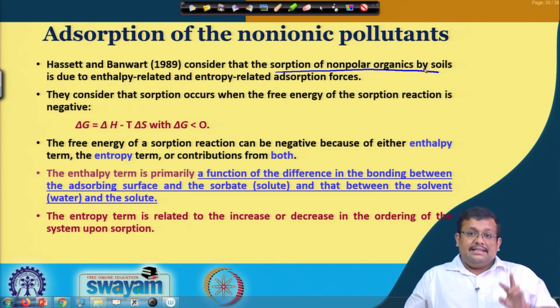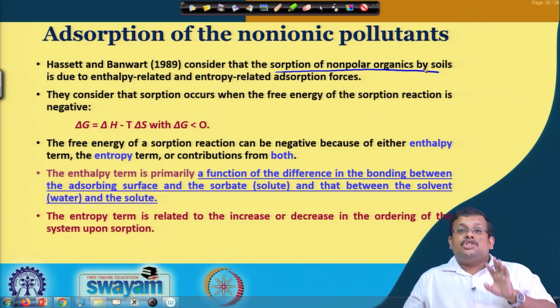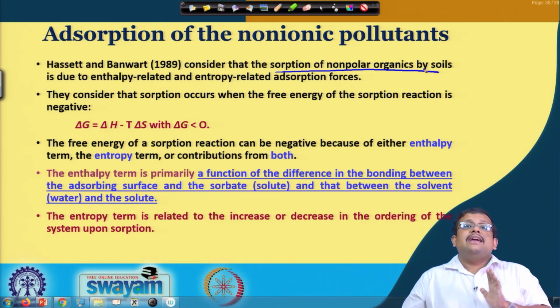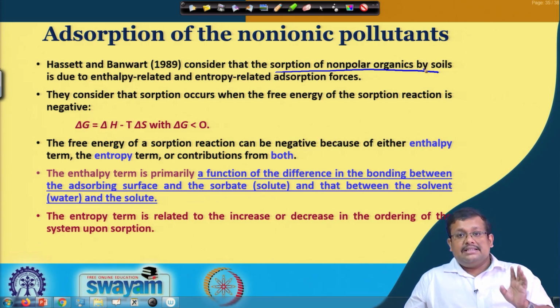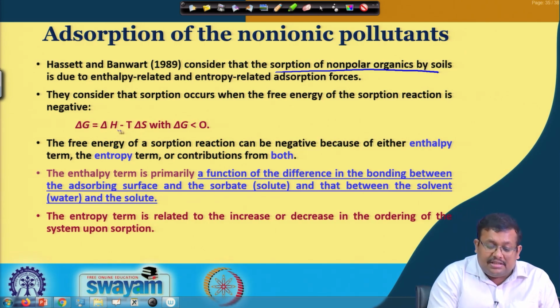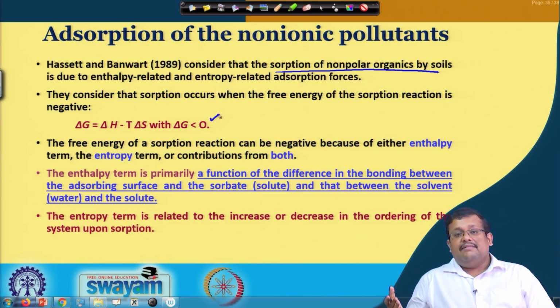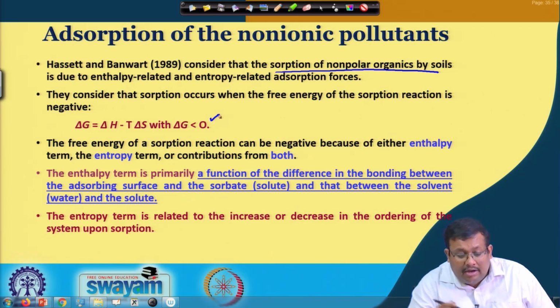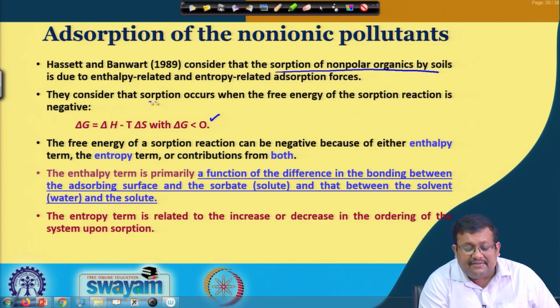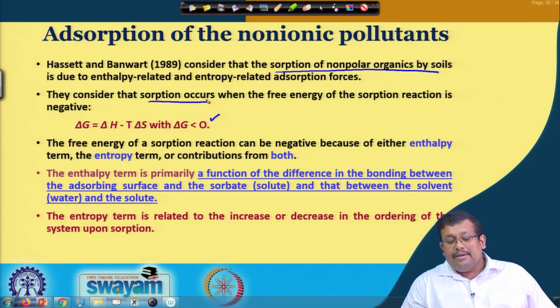Now, these two scientists considered that sorption occurs when the free energy of the sorption reaction is negative. This free energy, denoted by delta G, is basically delta H minus T delta S. Only when this delta G is negative does the sorption occur.